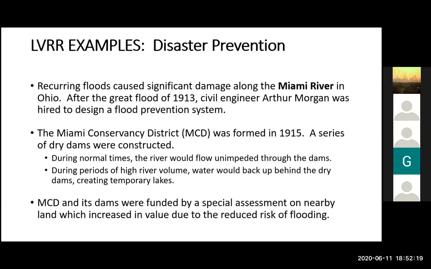Basically, their value increased because there was less of a risk of flood damage. And it was that increase in value, which was a direct benefit from the flood control, that direct benefit then was returned to the conservancy district rather than being a windfall for the property owners. So in this way, disaster prevention became a financially self-sustaining enterprise.